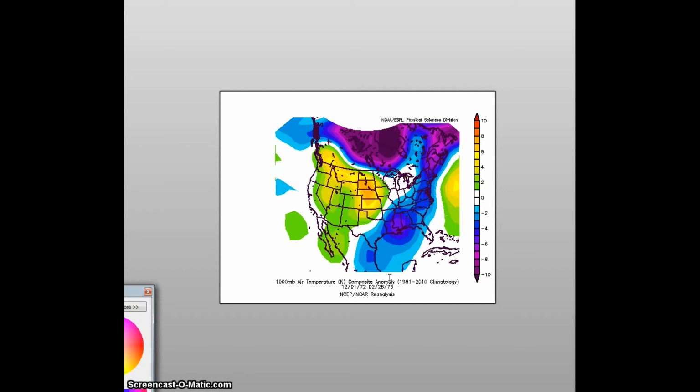You can't say, well, last year we had El Nino and it was warm, so it's going to be warm. There's a lot of other factors that come into this, and there's a possibility that the El Nino could be overridden by other atmospheric patterns, but that seems unlikely because this El Nino is forecast to be the strongest in years.